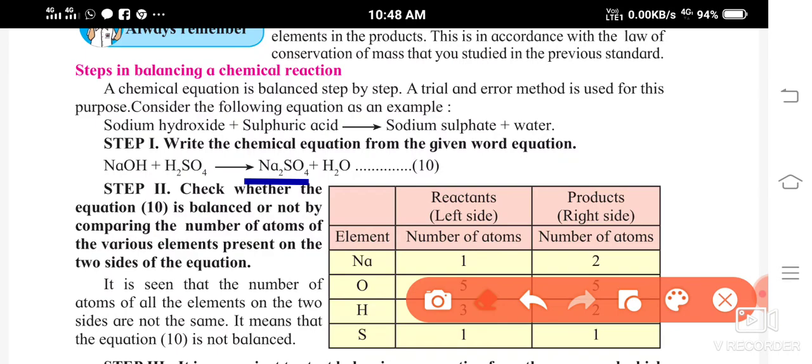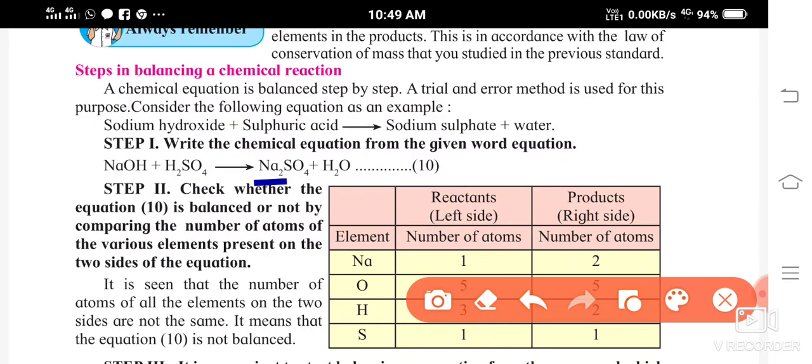Sulfur 1 on each side, oxygen also equal, 5 and 5, right? So what you are going to consider? The one which has unequal number of atoms on the left hand side and right hand side. So which is that? It is sodium. So we will consider sodium first.